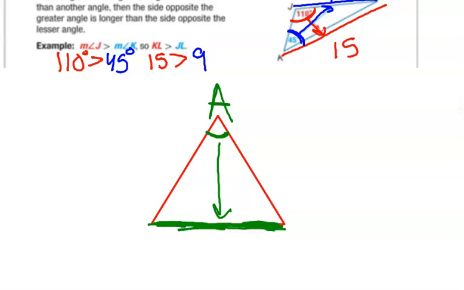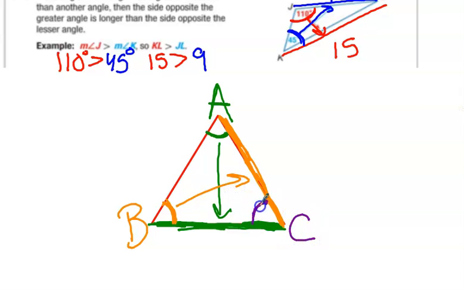I'm going to make B orange. That angle is going to go with the opposite side. And last, I will pick purple. Angle C is going to go with this side. There we go, a little bit of color in.